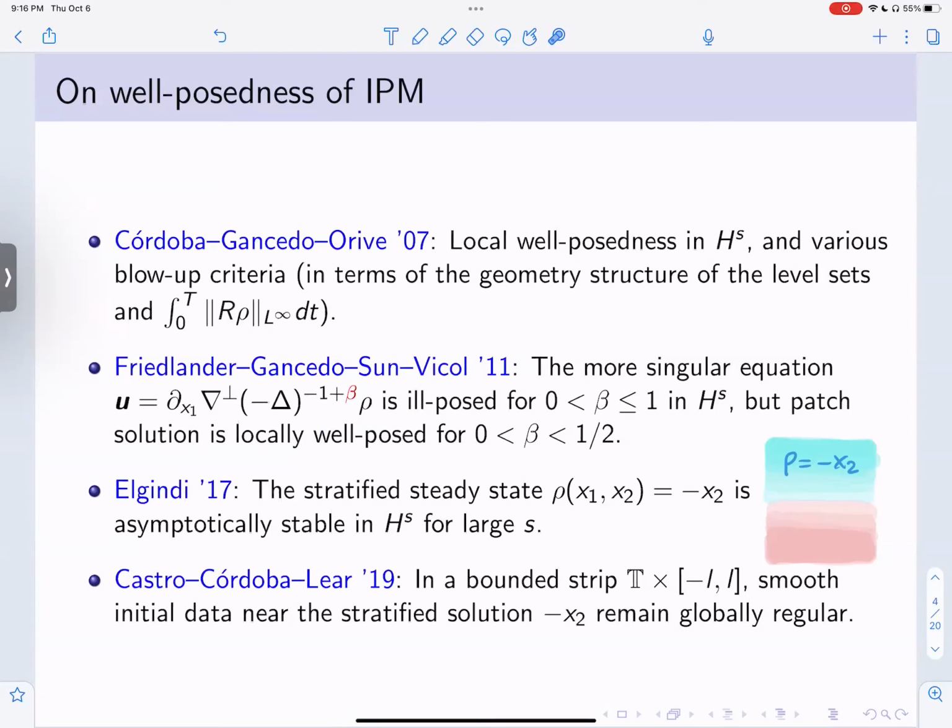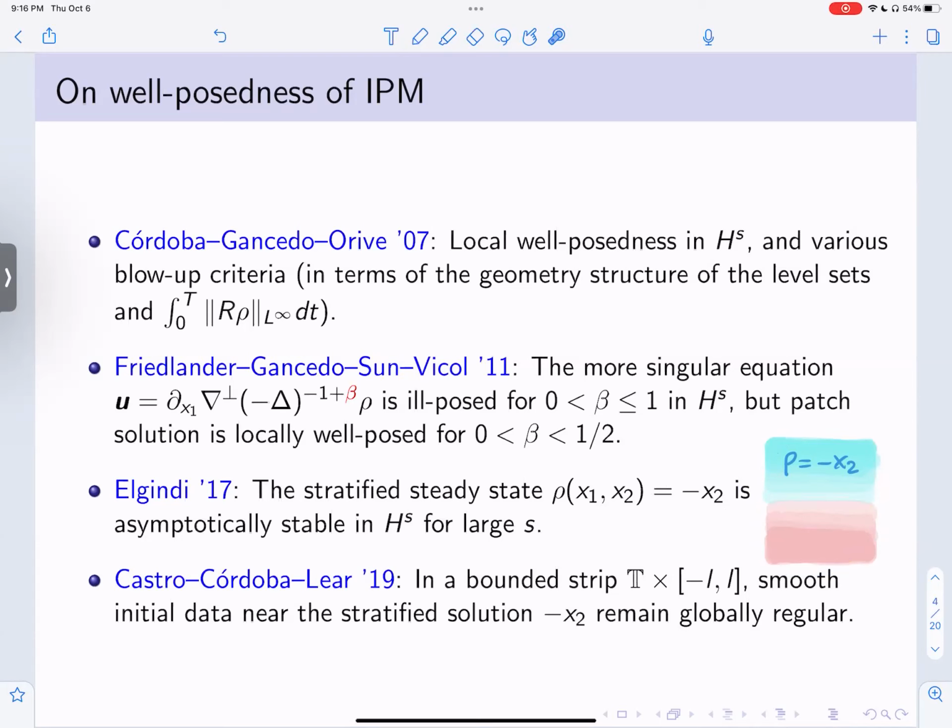To the best of my knowledge, the only global well-posedness of this equation is established in the perturbative regime, when the initial data is close to a certain steady state. So Elgindi has studied the steady state minus x2. This is what the steady state looks like.